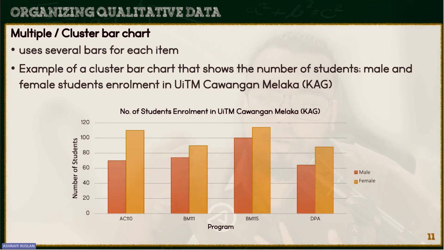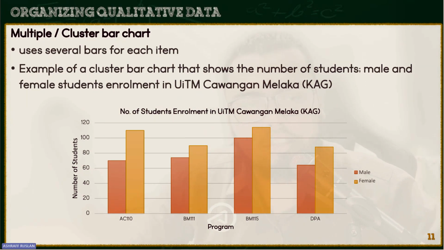When we call it as by program and by gender, maksudnya kita start off with splitting the program, splitting the number of student based on program. Okay, that is our first rule. And then by gender. So kita akan tengok, okay, untuk setiap program tersebut, berapakah ratio ataupun percentage untuk male and female for each program. So this one kita akan nampak lah.